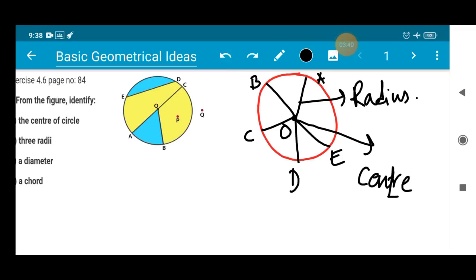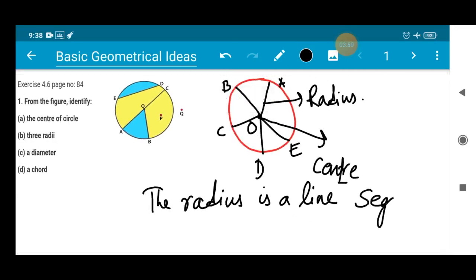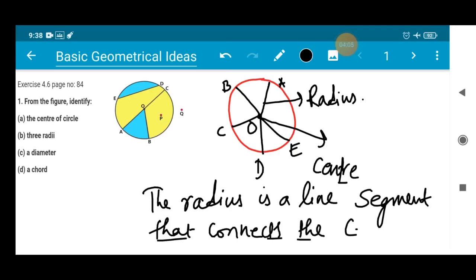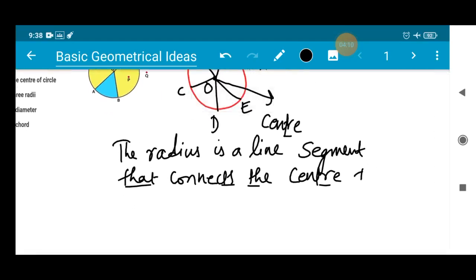If somebody asks you what a radius is, I request you all to copy this down as I'm going to erase this. A radius is a line segment, from here to here, from the center to this point A. So a radius is a line segment that connects the center to a point on the circle, right?